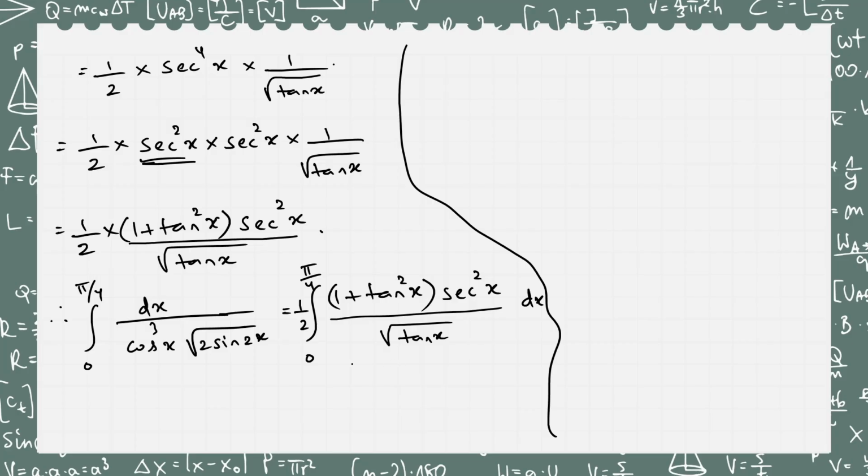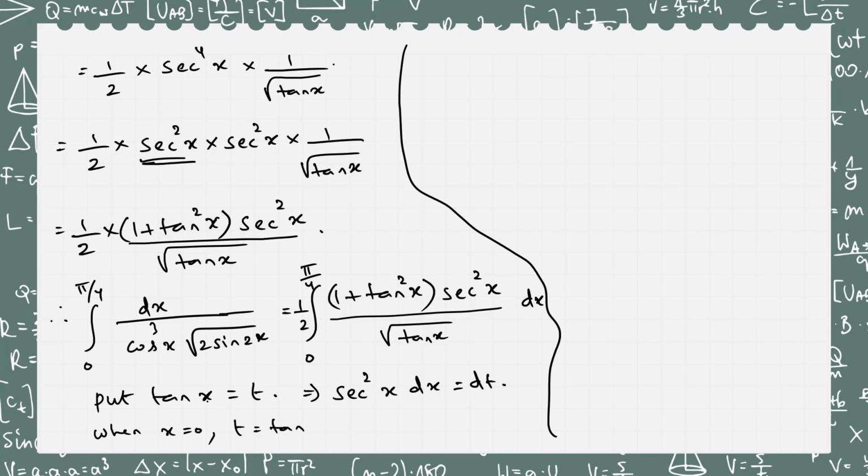Now we are going to do substitution here. Put tan x equal to t. So that implies sec square x dx will be dt. And we need to change the limits also, right? So when x equal to 0, t equal to tan x. x is 0, so tan 0 is 0.